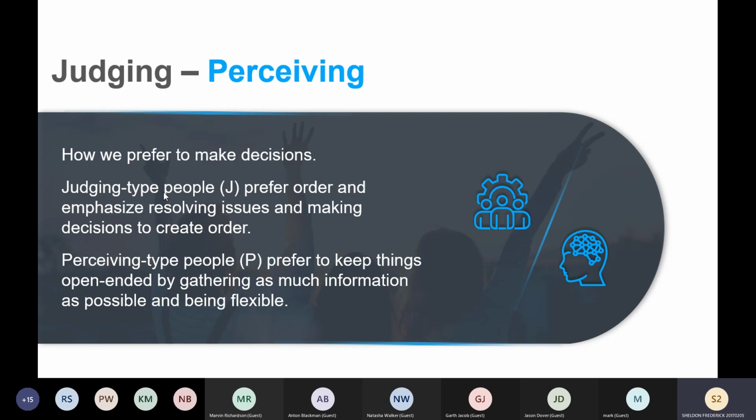We can use all eight of these processes, but generally we prefer a consistent pattern. If you're right-handed, yes, you could write with your left hand, but you prefer to write with your right. If you're an introvert, yes, you enjoy doing things with people and having good conversations, but you must have time to think and reflect to do your best work.